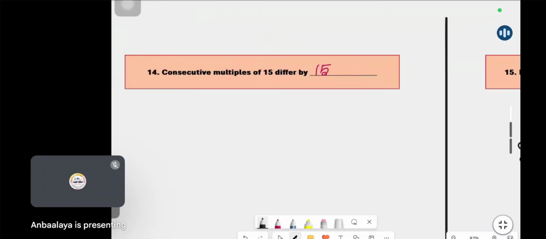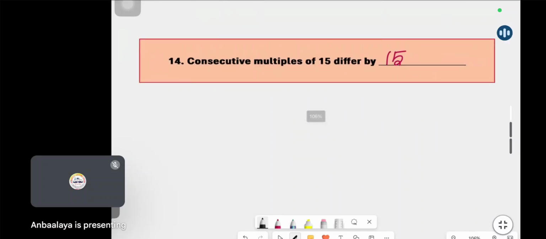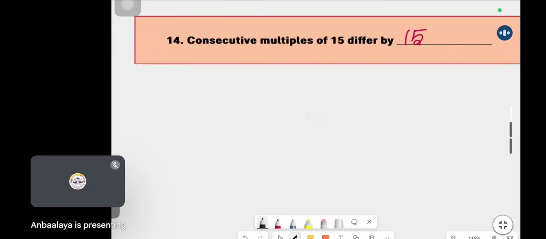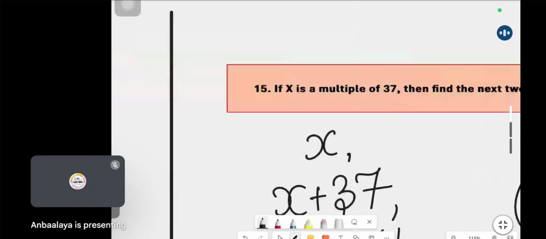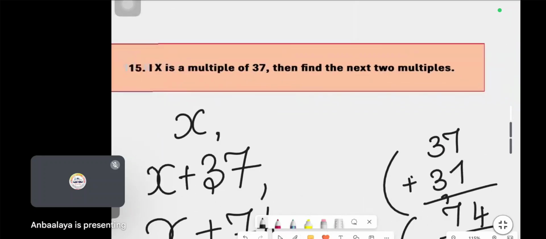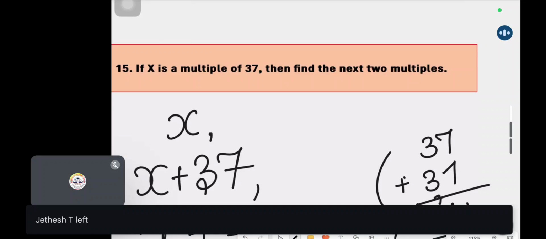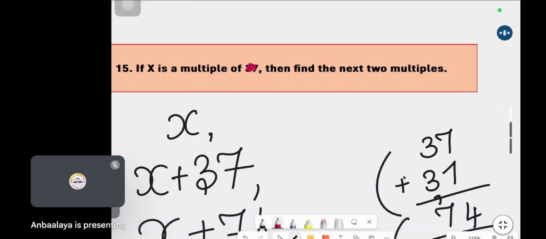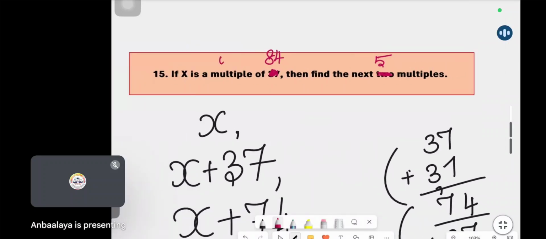Now your homework question. Consecutive multiples of 15 differ by 15, right? In the same question, instead of writing 37, you write: if x is a multiple of 84, then find the next 5 multiples. This is your first homework question.